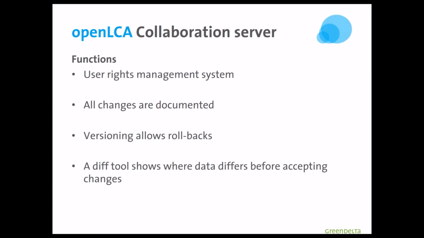It is also possible to go back to older versions of the database, so rollbacks are possible. And there is a quite powerful diff tool that shows the user what exactly has changed in which version.